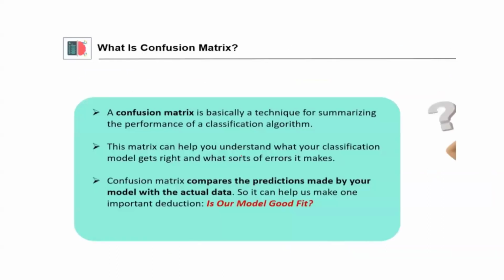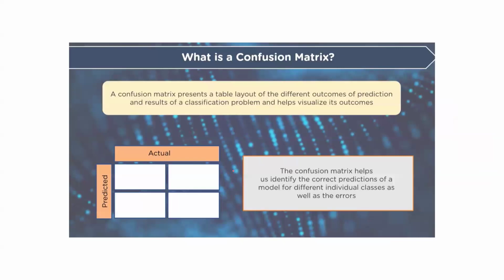This confusion matrix is a technique for summarizing the performance of a classification algorithm. It helps us understand what our classification model gets right and what sorts of errors it makes. At last, it compares the predictions we made with the actual data, and it is going to give us a conclusion whether our model is a good model or not.